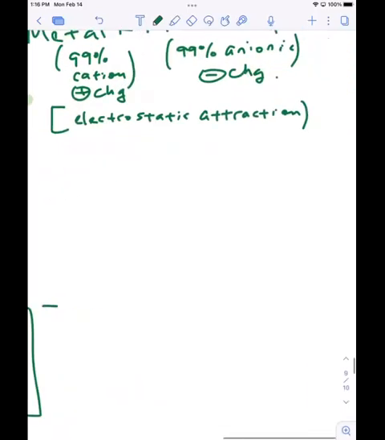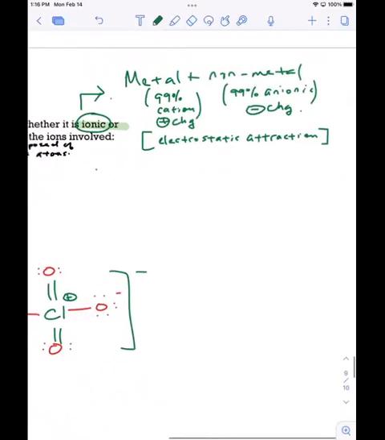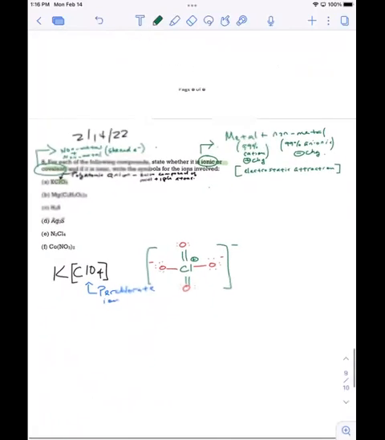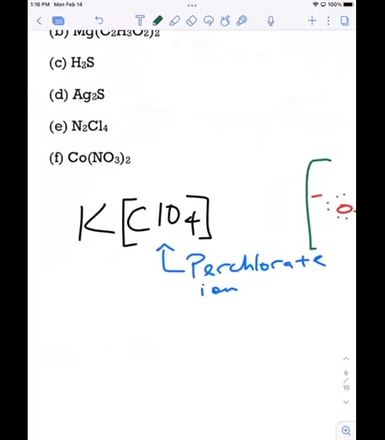So if something is ionic, that's going to be a fully positive part and a fully negative part. If it's covalent, there's going to be a shared pair of electrons. Now a covalent bond can be polarized. We'll talk about that later. But for this example, for the potassium perchlorate, what do you think? Is that ionic or covalent?